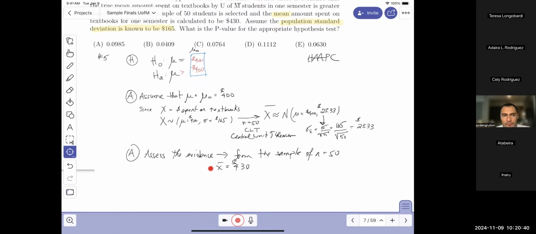So we need to assess it. We're going to assess this by converting it into the number of standard deviations X bar is from the hypothesized mean. We're going to use the hypothesized mean, and the standard deviation of the sample, this new thing here.